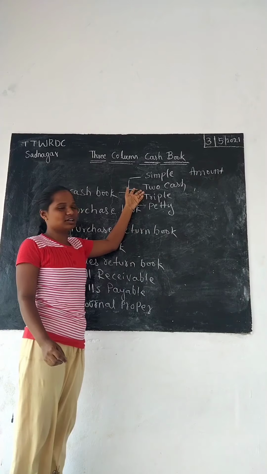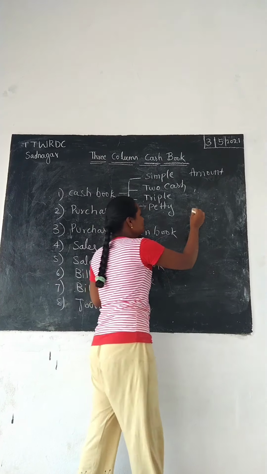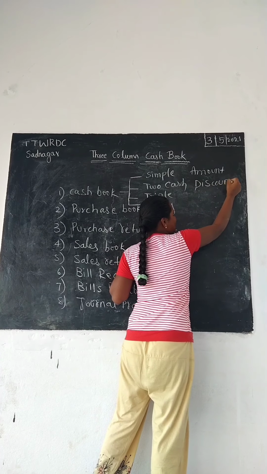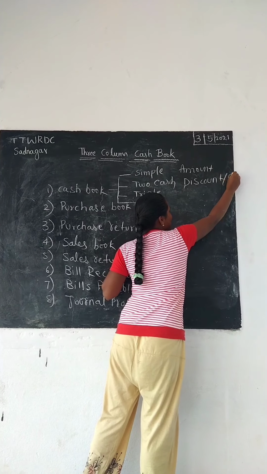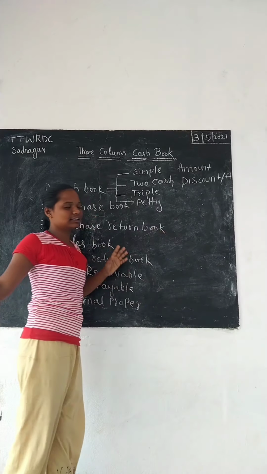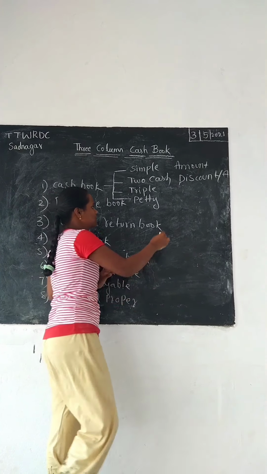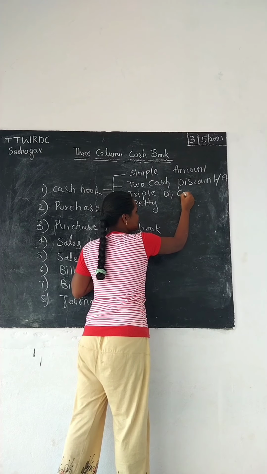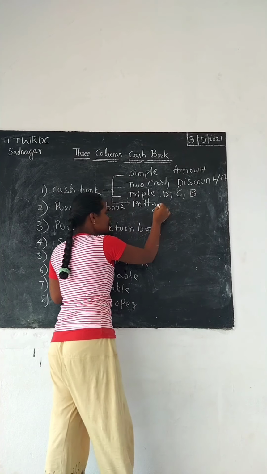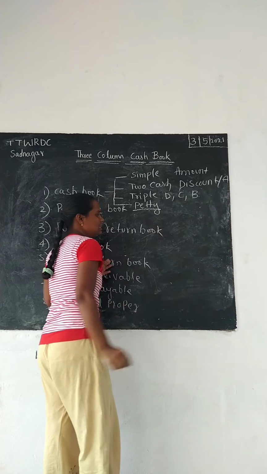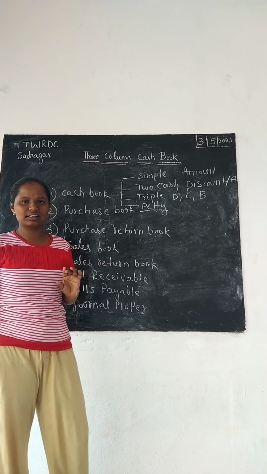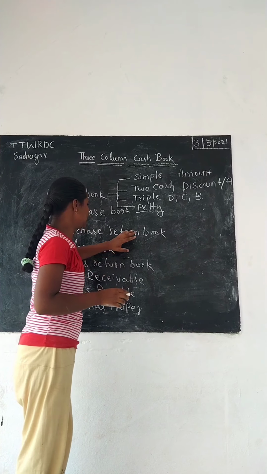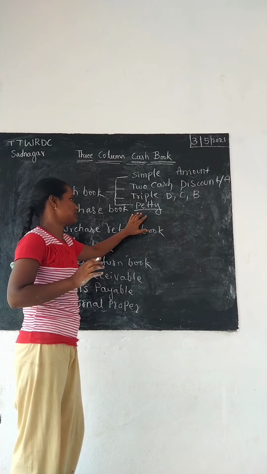In two-column cash book there are two columns: discount and amount column. In triple column cash book, there are discount column, cash column and bank column. In petty cash book, small transactions are written.